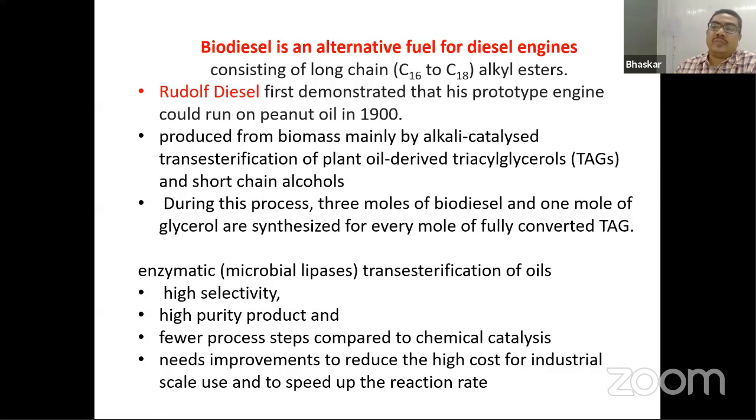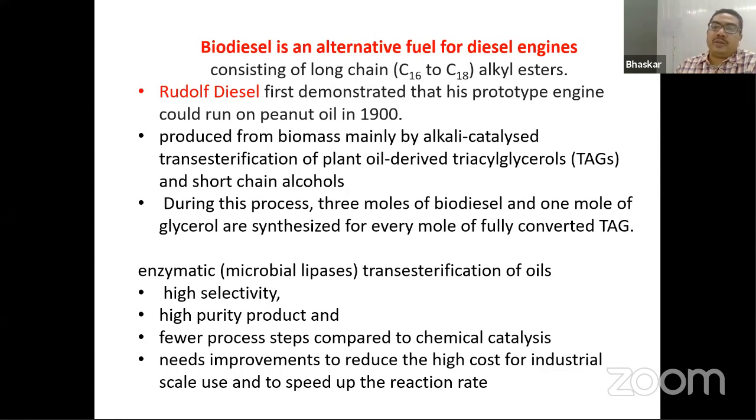But later on, when crude oil was found, this got neglected. Later, when we realized that crude oil is polluting, it is less in quantity, and we will get exhausted in the near future, then since the last 10 to 15 years, we have focused extensively on production of these renewable fuels like biodiesel and bioethanol.